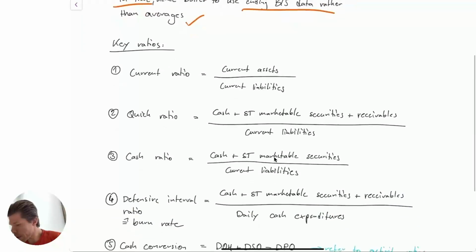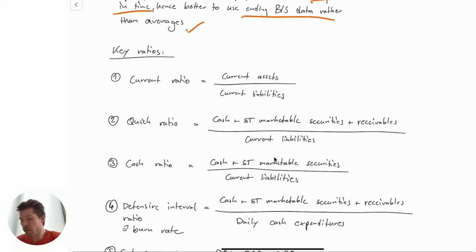Except the cash conversion cycle, all of those just focus on the balance sheet and compare what type of assets and liabilities are available or occur at a certain point of time. So let's get started.